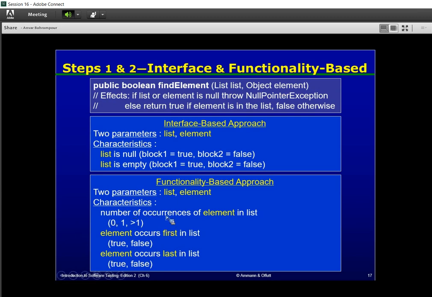So this could be a notable characteristic when we know about the functionality of the method. But when we don't know about this method, we don't know about the relationship of these two parameters. So if we know the functionality, we could consider some more meaningful characteristics to partition our domain, to model our domain.